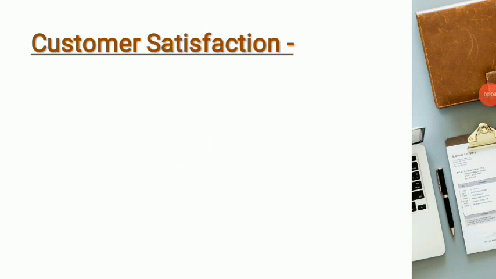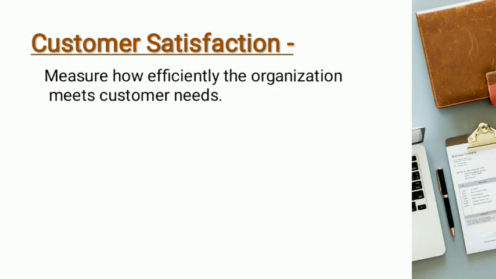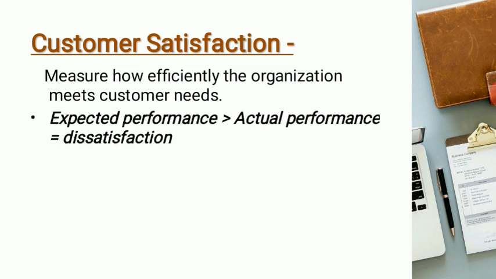Next topic is customer satisfaction. Customer satisfaction is an important parameter to measure how efficiently the organization meets customer needs. Customer satisfaction can only be attained when there is a good relationship between customer and supplier. So customer satisfaction is mainly of three types. If actual performance by the seller is less than the expected performance by the customer, then it is called dissatisfaction.